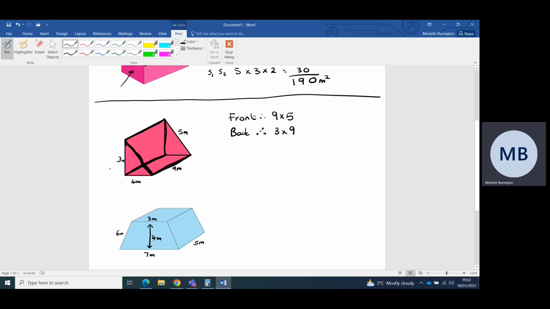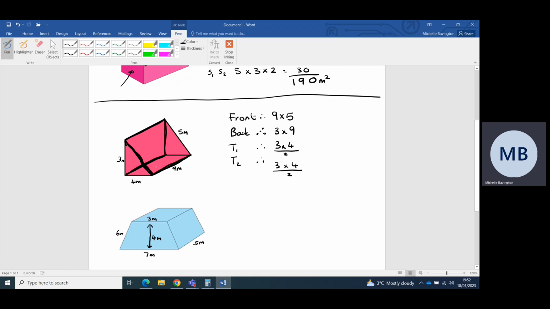So they are 3 by 4. So I'm going to go triangular 1 and triangular 2. Therefore, 3 by 4, 3 times 4 divided by 2, and 3 by 4 divided by 2.